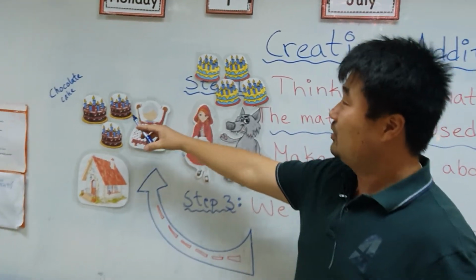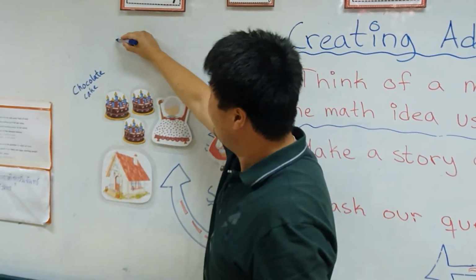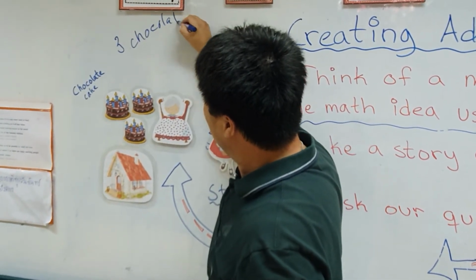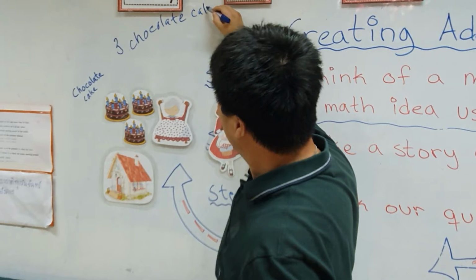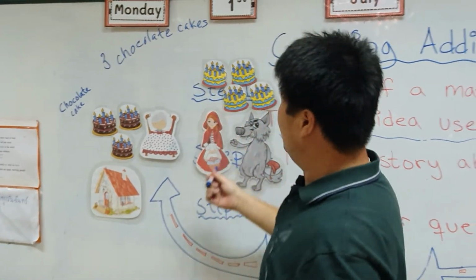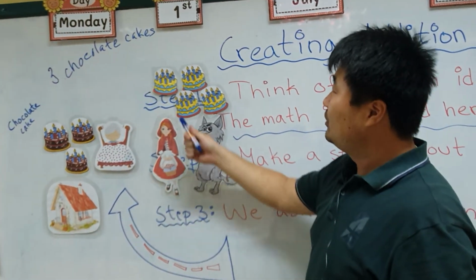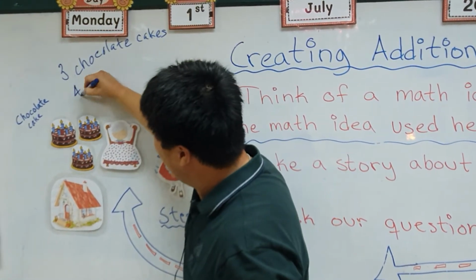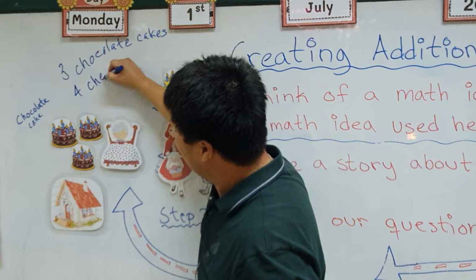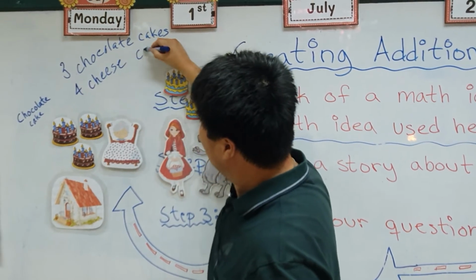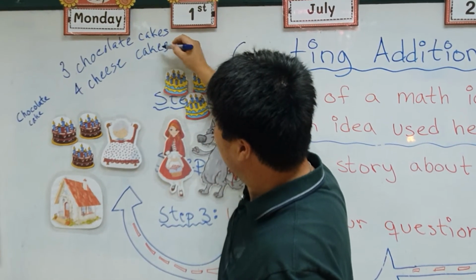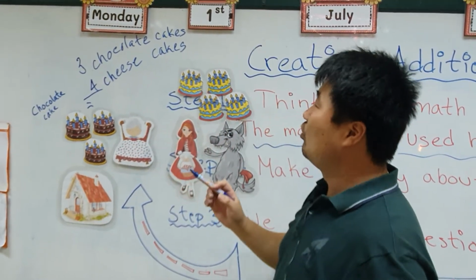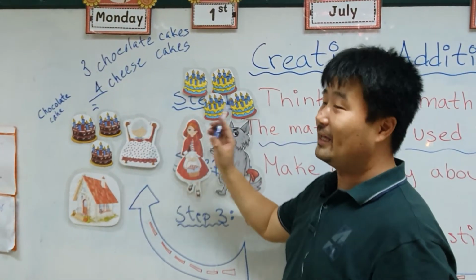So Grandma, she had baked 3 chocolate cakes, and the little Red Riding Hood, she had baked 4 cheesecakes. Now, what is the total of the cakes?